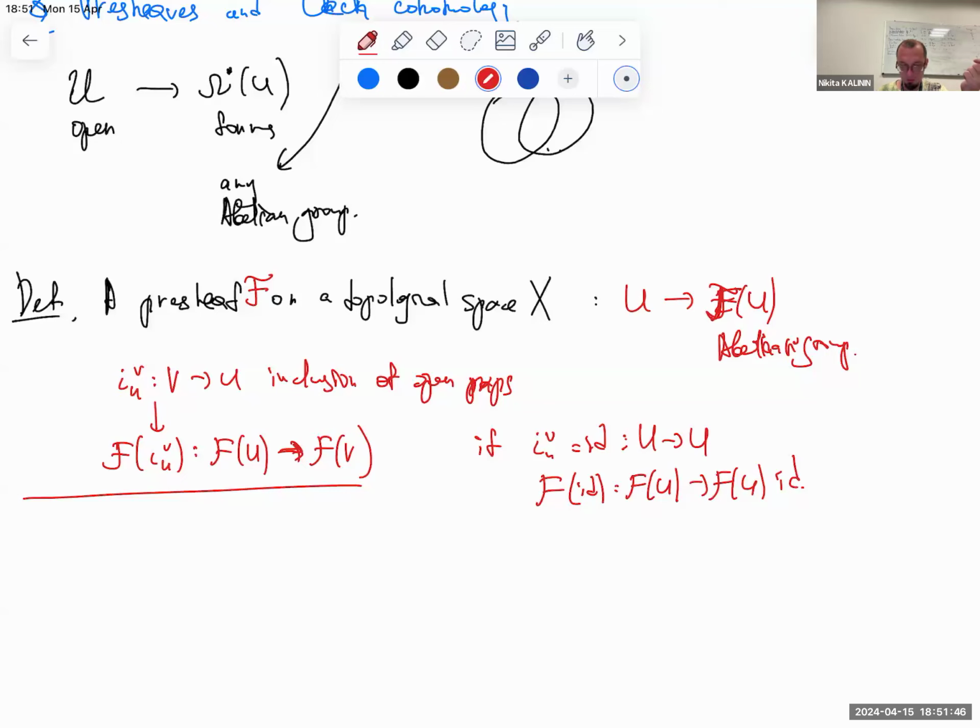And also, what should we do? It should not depend on the chart, let's say. So if we go through restriction two times, it will be the same as the composition of restrictions. So it's also a very natural property. That's transitivity, so we also require it.